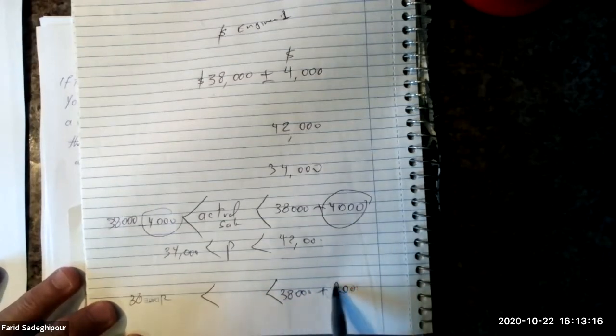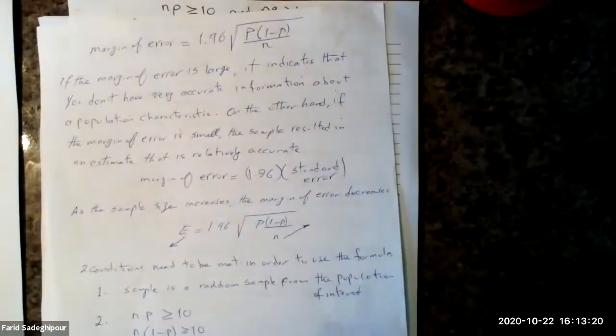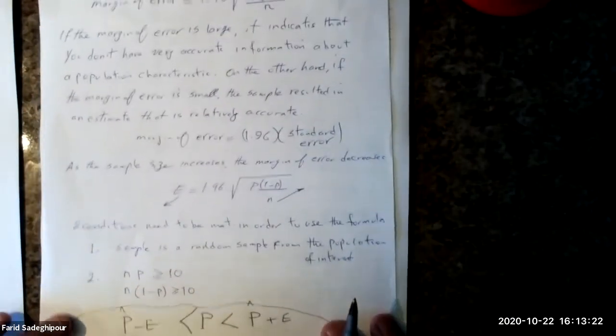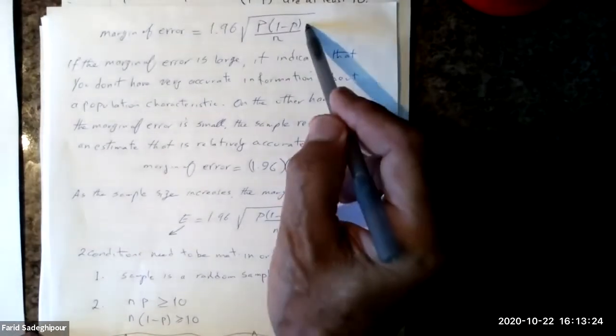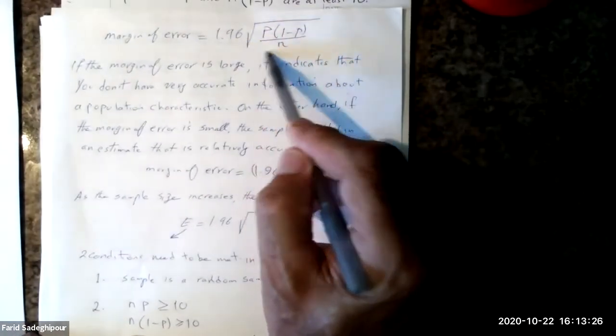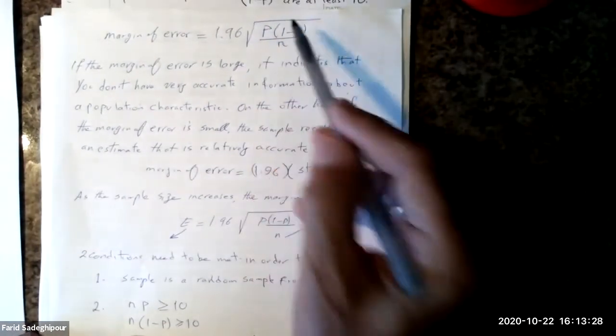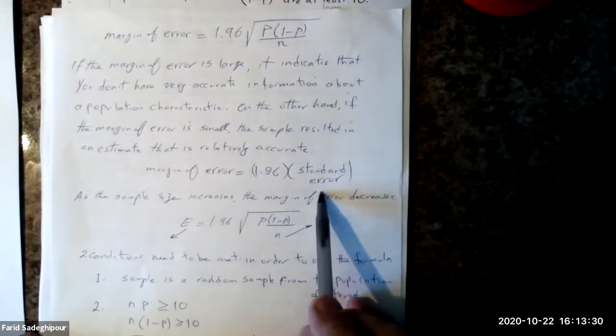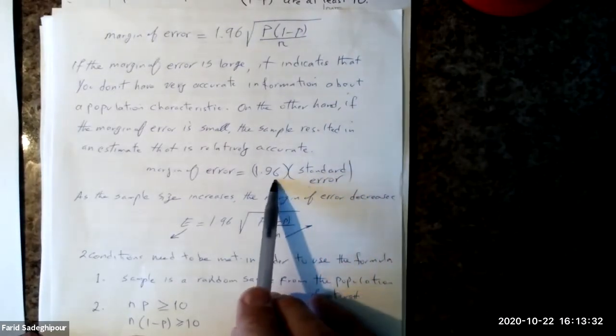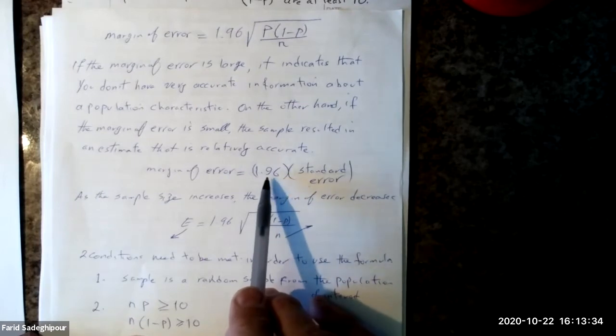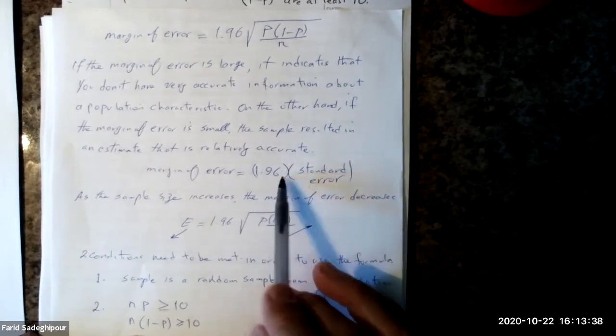Okay, so the smaller the margin of error, the better it is when you're estimating. So that's what they have here. This part, just this radical, they call it the standard error. Where did we get 1.96? This is a Z value that I'll show you in a minute on the next page or so, okay?